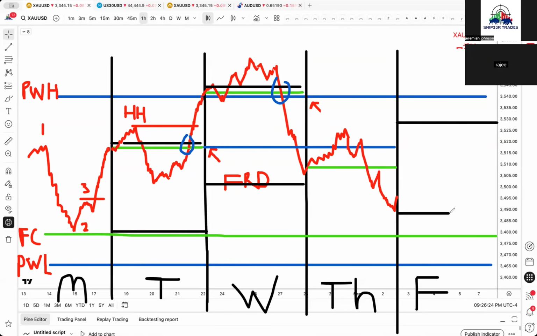Because here's what Friday could do. If I draw my previous day high, low levels, and these levels are important because look where the low hanging fruit trade came from: levels.